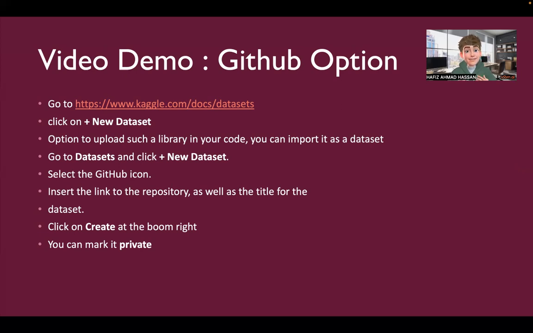There is a GitHub icon, and an option for URLs to upload files from GitHub directly to the Kaggle cloud platform.